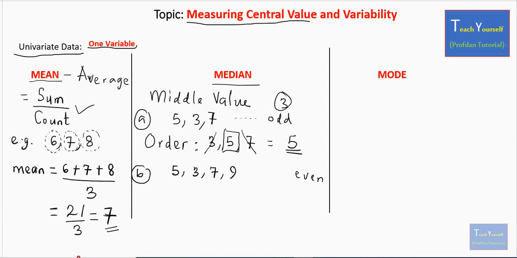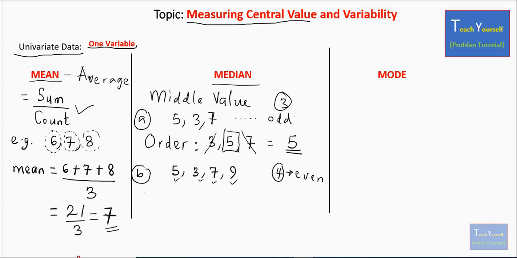Here there are 4: 1, 2, 3, 4. 4 is even. When your data set is odd, you will have a single middle value, like this 5. When your data set is even, you will end up with 2 middle values.